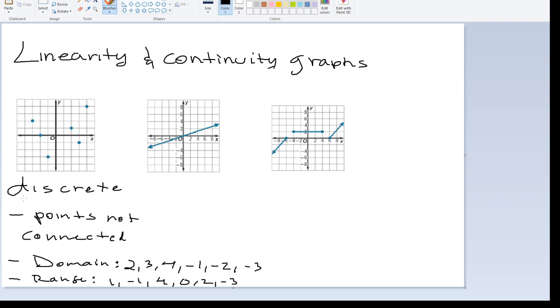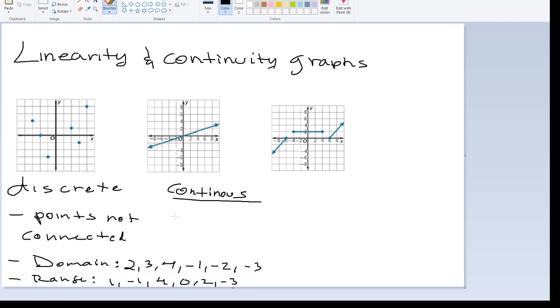So once again, discrete data is data on a graph when the points are not connected. When the points are connected, we call that continuous data. And that means that all the points are connected to each other.